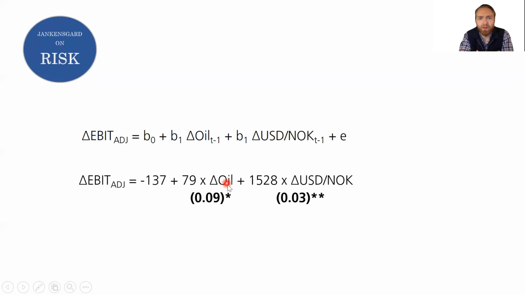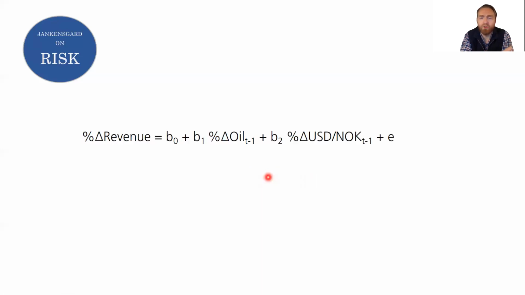So one change in the price of oil means it goes up $1. Whereas here, one unit change in the dollar versus NOK means that it goes from, let's say, 8 to 9, or 7 to 8. That's a much larger change in percentage terms, right? So we can't compare.